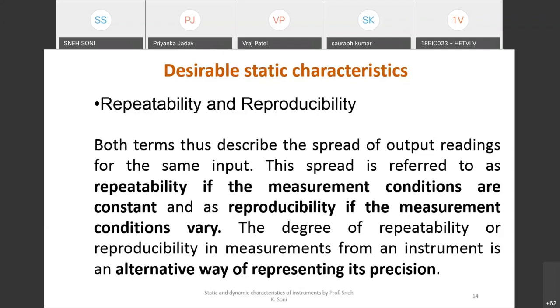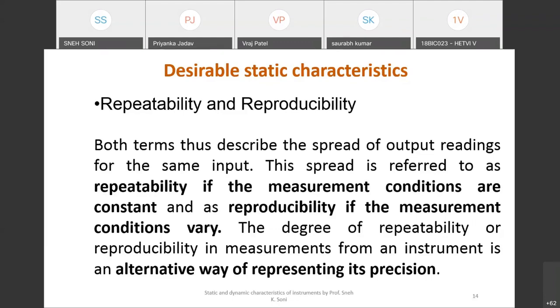Am I clear or not? Because what is precision? Precision is nothing but closeness between repetitive measurements. So if the measurement is repeatable, then we can say the instrument is precise. Am I clear? Good.